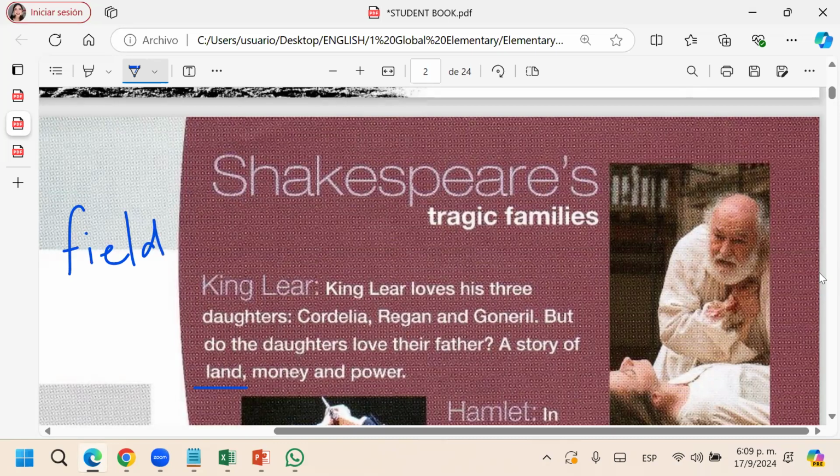Land es como decir las tierras, el terreno. So it says, a story of land, money, and power. King Lear. So how many daughters does King Lear have? Three daughters: Cordelia, Regan, and Goneril.